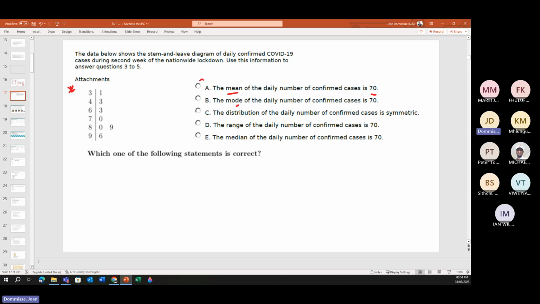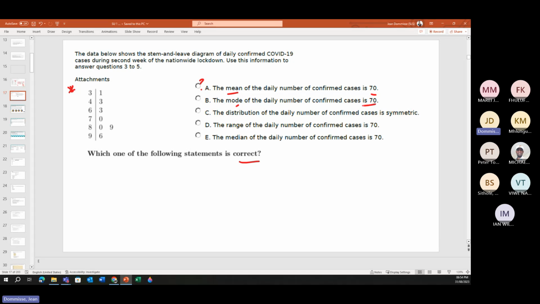Let's keep that for last, because I don't want to do a calculation now. I just want to see if I can actually get out of these options one without doing a calculation. And we're looking for which one is correct. Okay, the mode is 70.